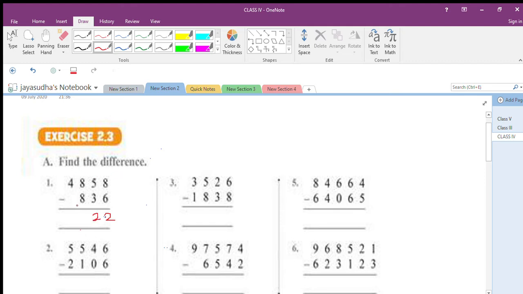Here 8 minus 8, both are the same number, in subtraction you get the value 0. Same number subtracted, you get 0. Then what is here? 4. Below there are no digits, so you write the 4 as it is in your answer.